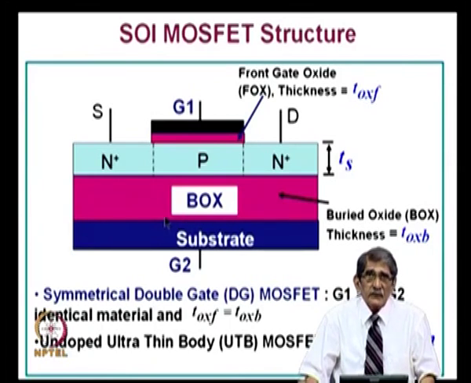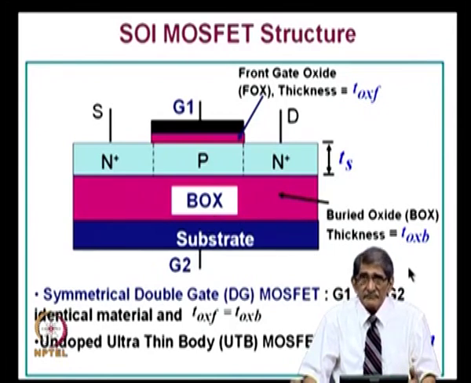Okay. So, just to see the terminologies, you can use it as a dual gate, or double gate: the front gate with the front gate oxide, thickness T ox F, instead of T ox, and the back gate, the back oxide with the substrate acting as the gate region, with the back oxide thickness T ox B. Here I have shown it differently.